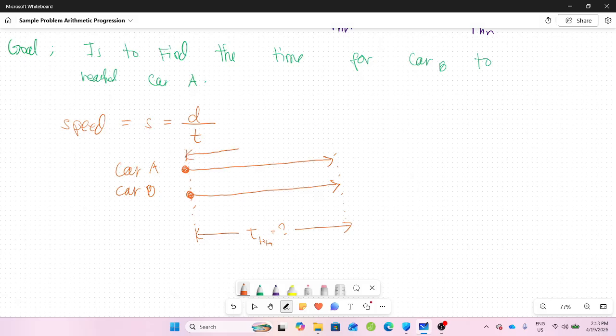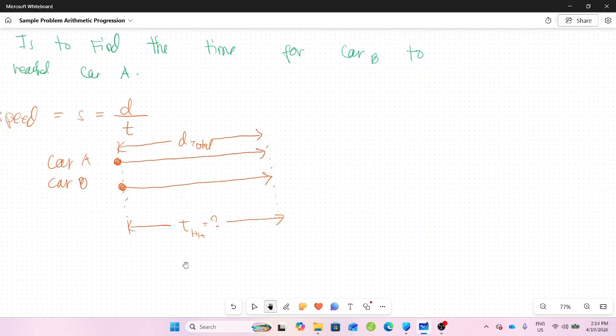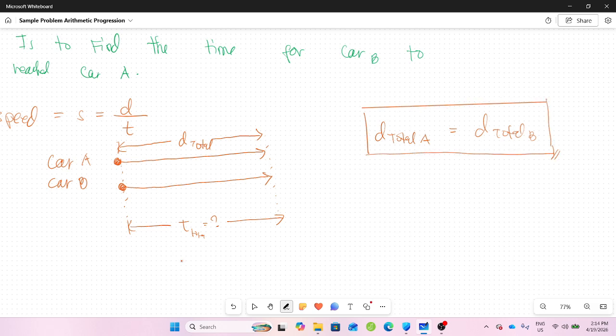We want to say that the total distance traveled by each car must be the same, so that we could say that car B reached car A. So the total distance traveled by car A must be equal to the total distance covered by car B. This is our condition so that we could say that car B reaches car A.